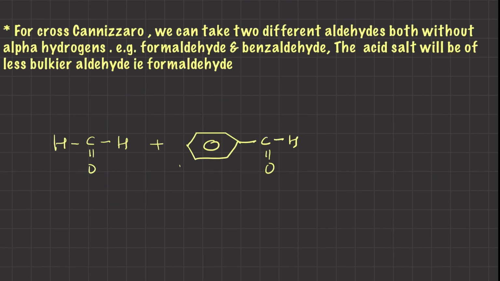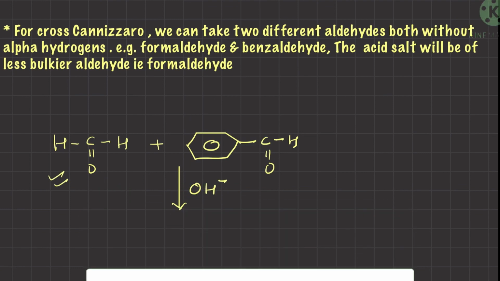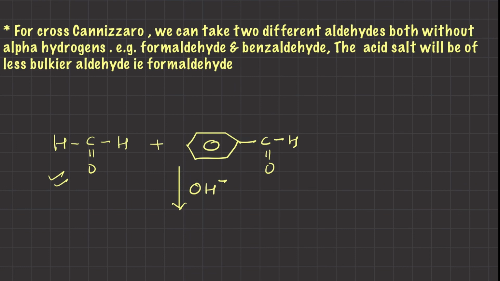In cross Cannizzaro, we take different aldehydes, both the aldehydes are different. We take alkali, and the one which is less bulky, that is formaldehyde, will give the acid salt, and the other one will give the alcohol.